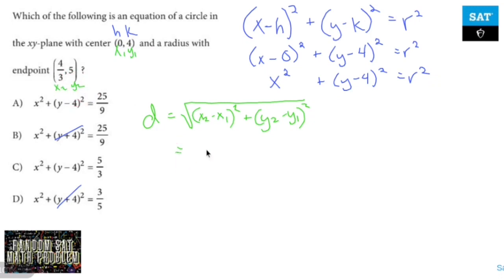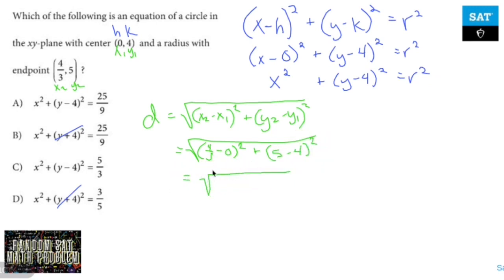So my distance, or in this case my radius, because my distance is my radius, is going to be x sub 2, which I called 4/3, minus 0, squared, plus y sub 2, which I called 5, minus 4. Ooh, 5 minus 4, I can handle that.